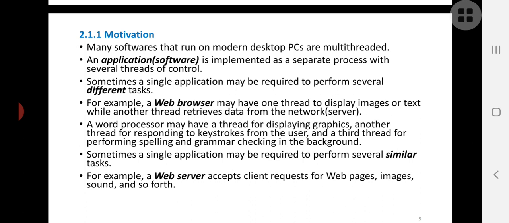Then what is the motivation? What was the reason we started to use multi-threaded processes? Nowadays, the software we use on our PCs is all multi-threaded software. Software is a set of programs, and once we start execution of those programs they become processes.